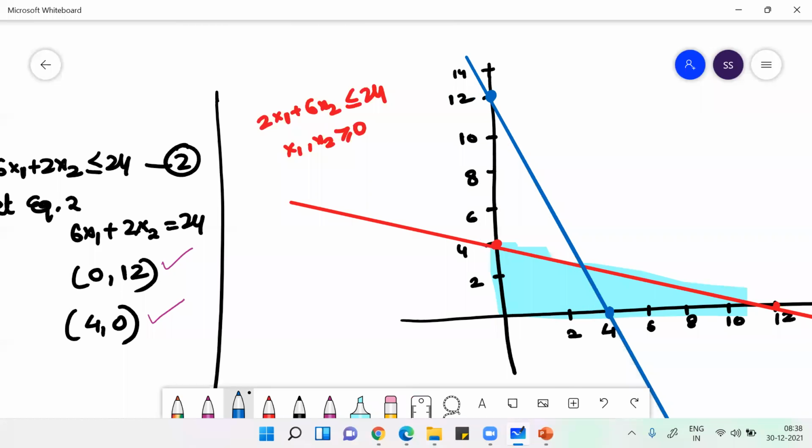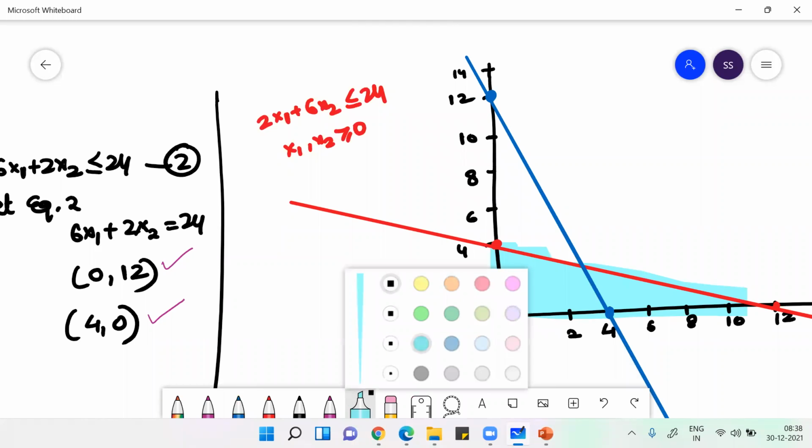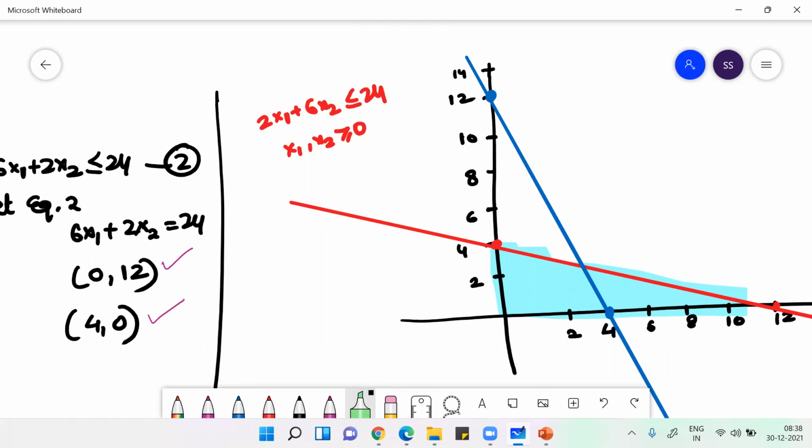Now if you see, this would be your acceptance region for the second graph. Can you understand this?